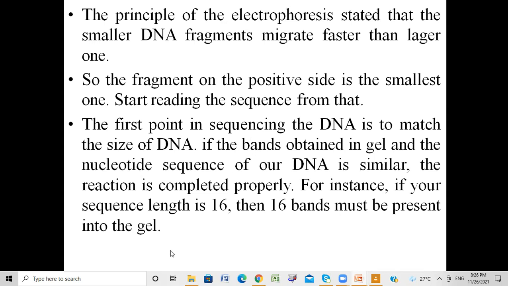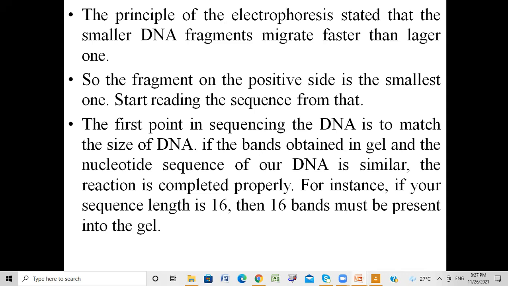If you know there are 16 bands expected but you are getting only 14, then there is something wrong. So you check the number of bases in the particular DNA of interest, and if you get an equal number of bands, then we are pretty sure that our sequencing method has gone okay.